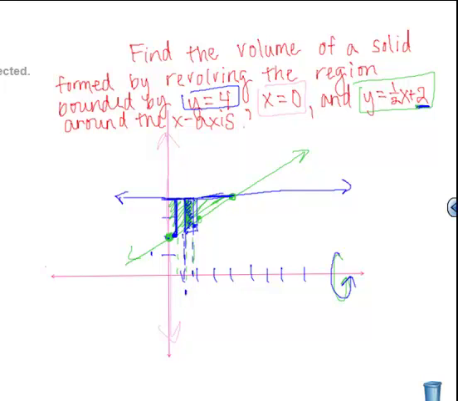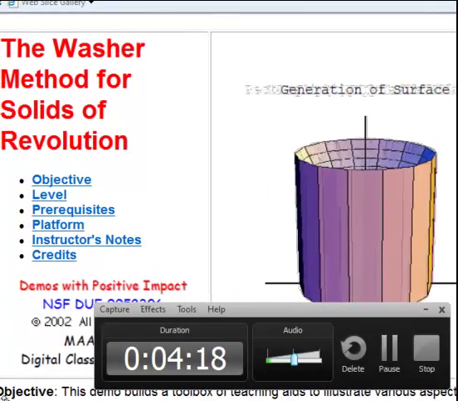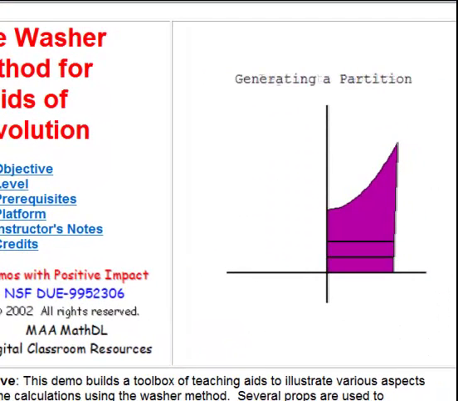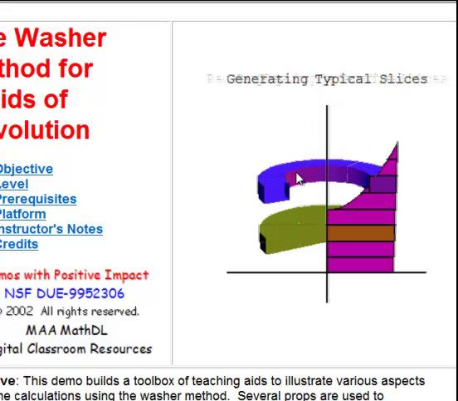So I found this excellent website called mathdemos.org. What it basically does is show a bunch of discs. Right now they're revolving around the y-axis, but if you had a function from, let's say, 0 to 4, and you revolved it around the y-axis, this is what you'd be showing.